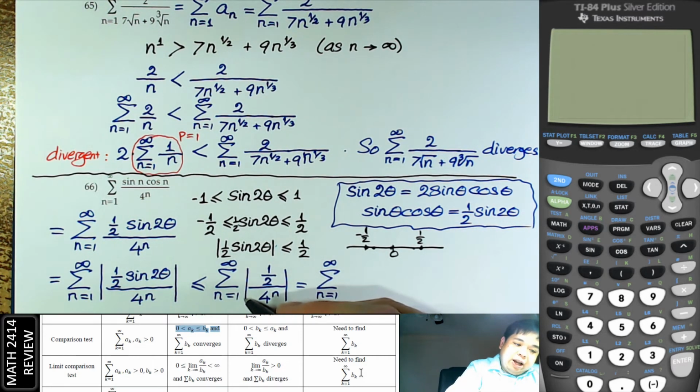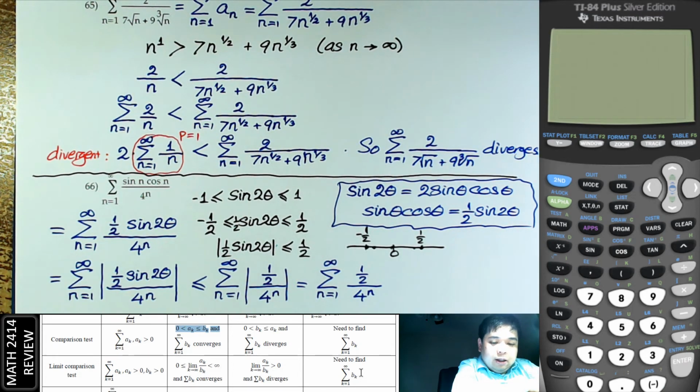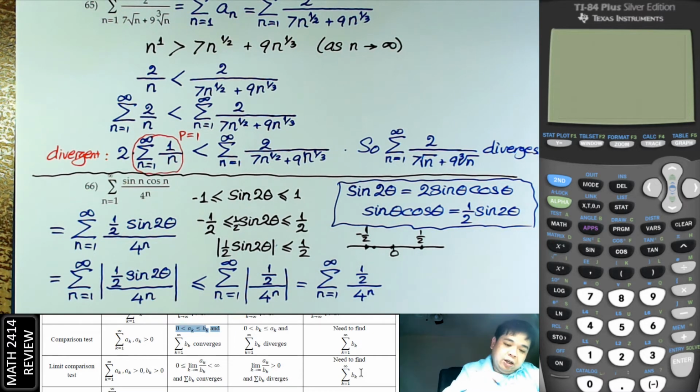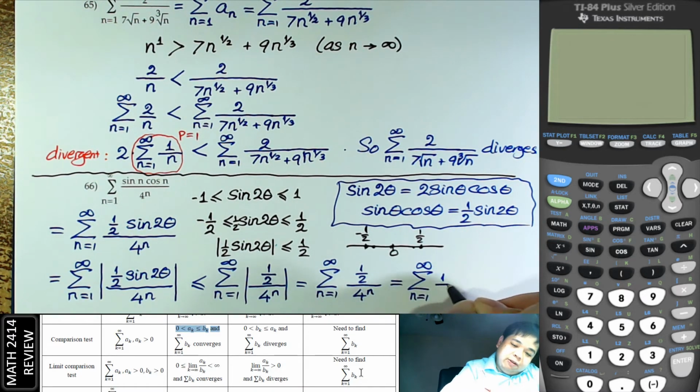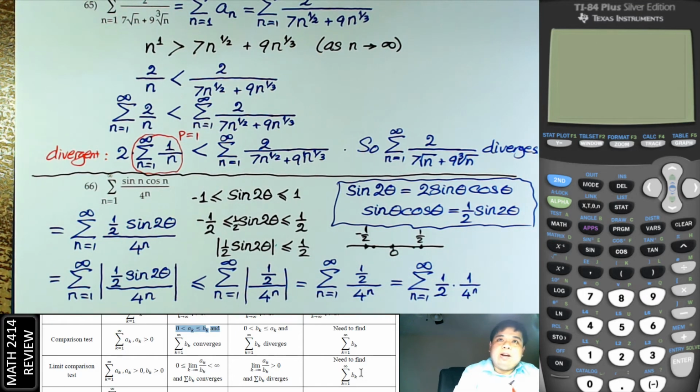And I can take out the 1/2. Now just keep 1/2. So what do we have here? If we write it out as follows, we have 1/2 and then 1 over 4 to the n, right? Take down the 1/2 and then we still have 1 over that.